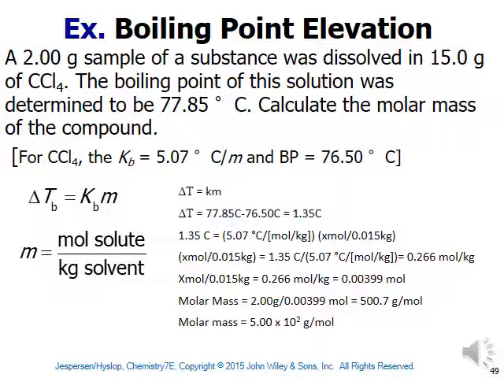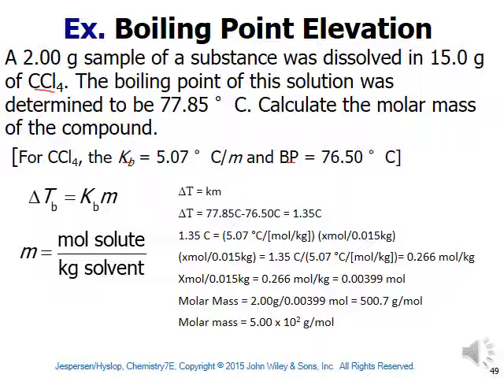You have 2 grams of unknown sample, dissolved in 15 grams of carbon tetrachloride, and the boiling point was determined to be 77.85, so it went up. So we need to find the molar mass of that, and so we're given the K_b and the original boiling point of our carbon tetrachloride.